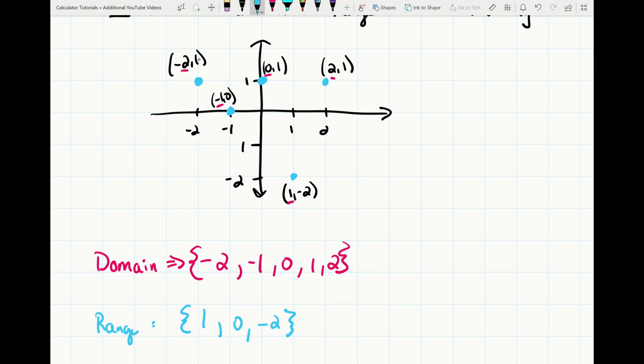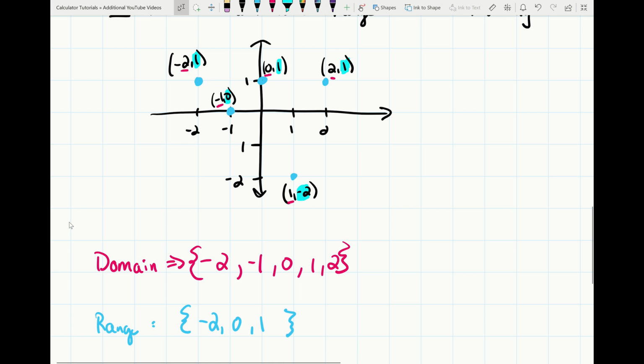Because as you can see here, and I'll highlight it in blue for us, we have 1, 1, and 1, and they're all repeated. So it's only the number 1. And then we have 0 and -2. So 1, 0, and -2. And I guess for consistency, I'll put them in order. So -2, 0, and 1. So my domain and my range, respectively.